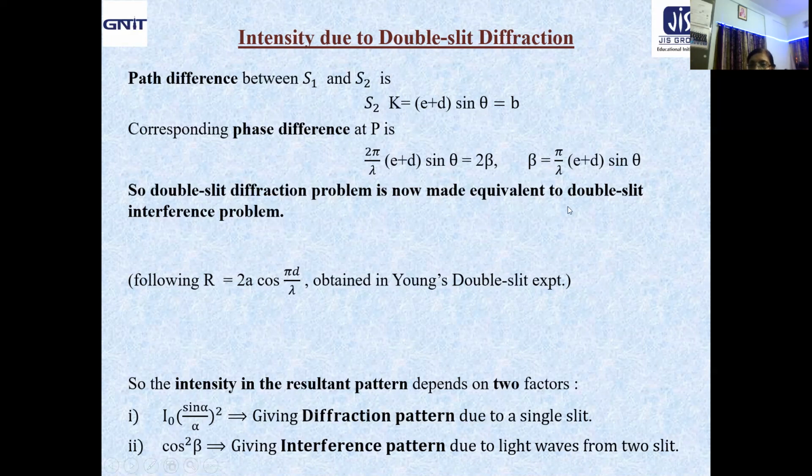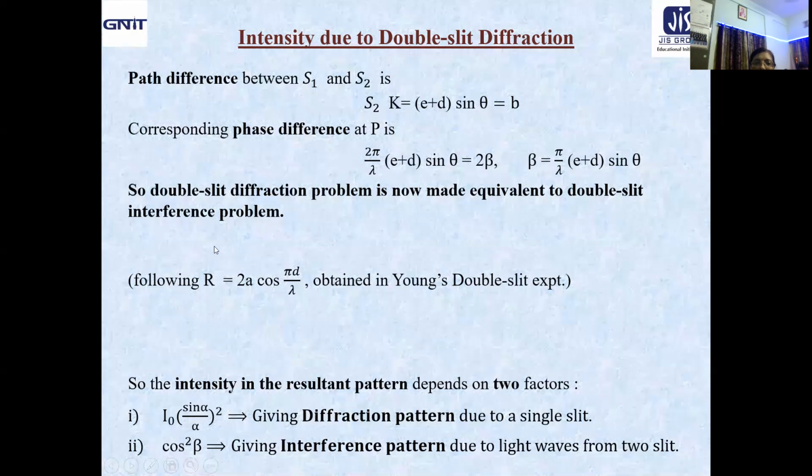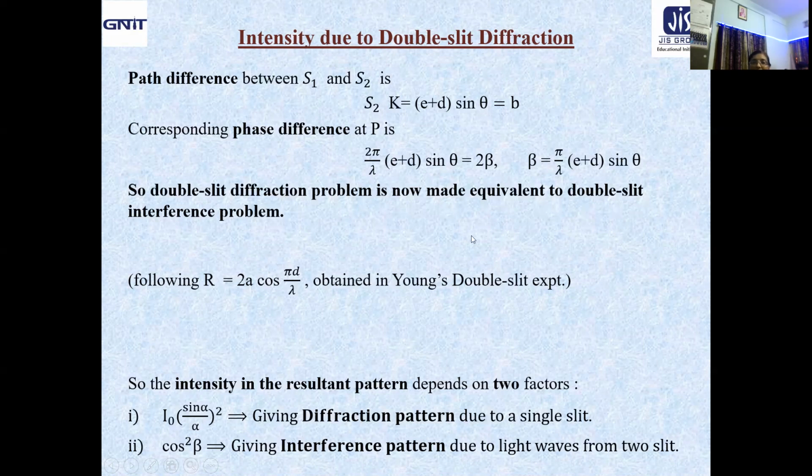But since here two slits are considered, that's why the e plus d factor is coming. So the double slit diffraction problem is now made equivalent to the double slit interference problem.